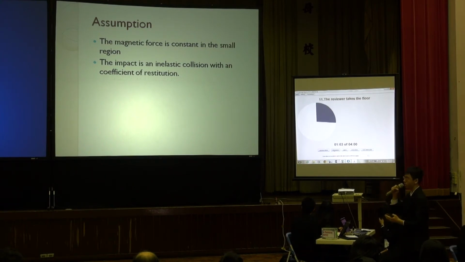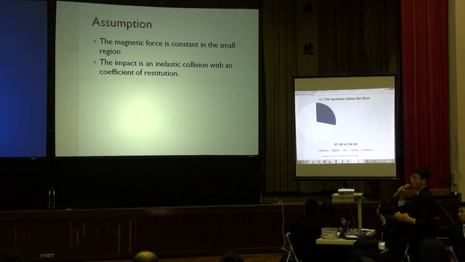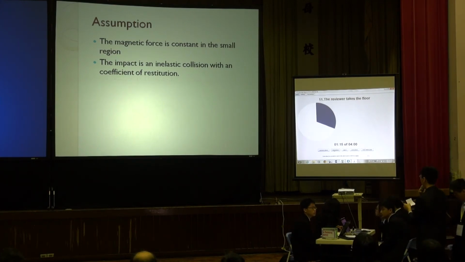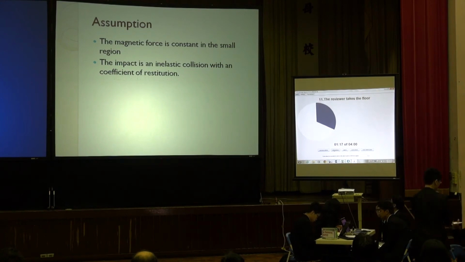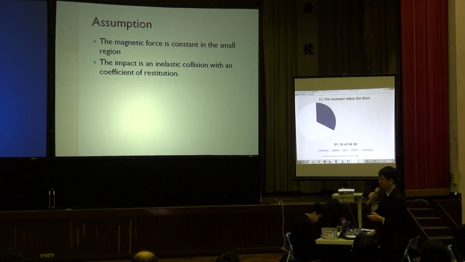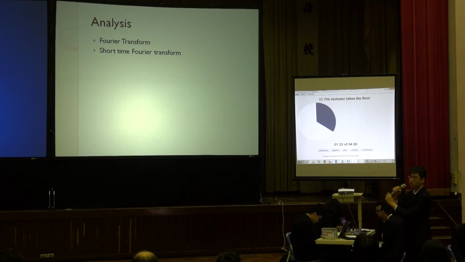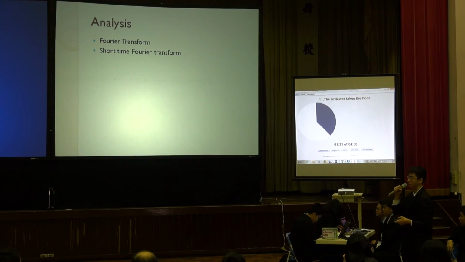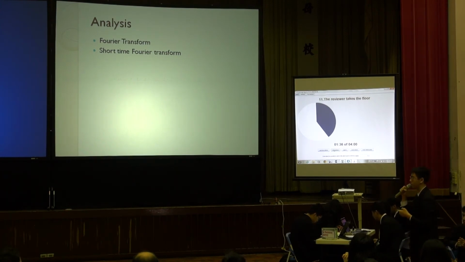Another assumption that the reporter made is that the impact of the magnet and the steel ball is an inelastic collision with a coefficient of restitution. Then in the analysis part, the reporter has compared the Fourier transform and the short-time Fourier transform, and in his experiment, the reporter has used the short-time Fourier transform to analyze his data.